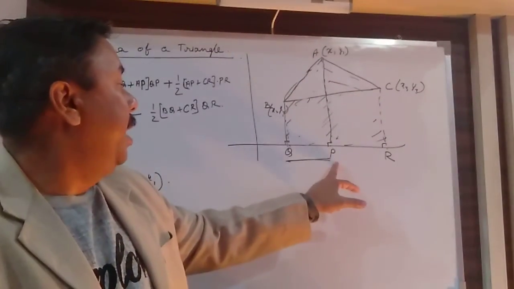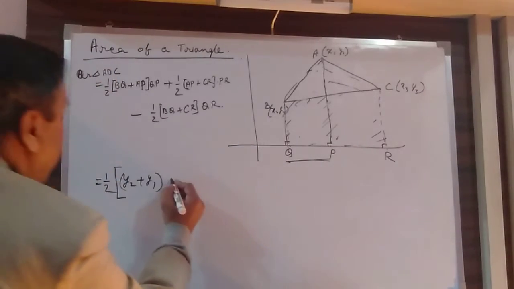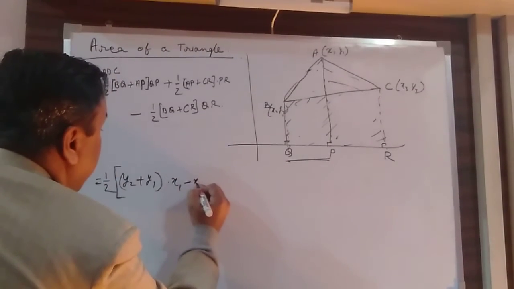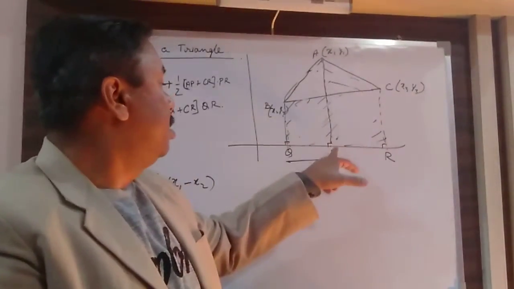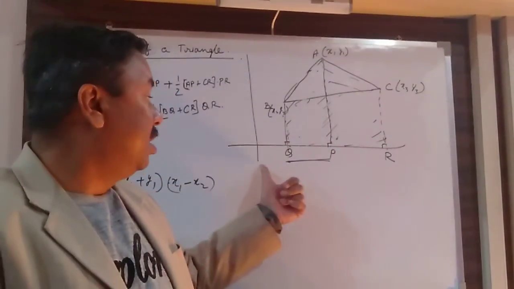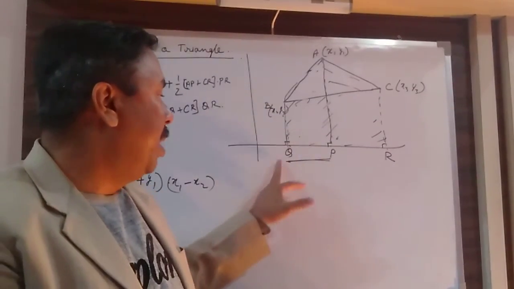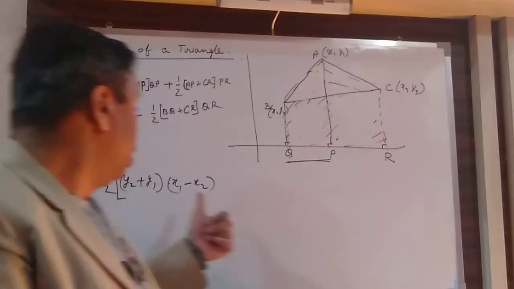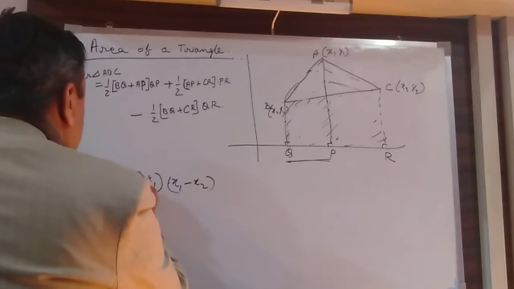Obviously it will be x1 minus x2, the x coordinate of P minus the x coordinate of Q. So it is x1 minus x2.